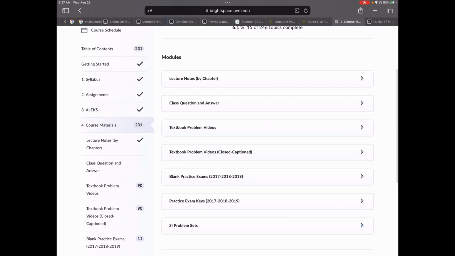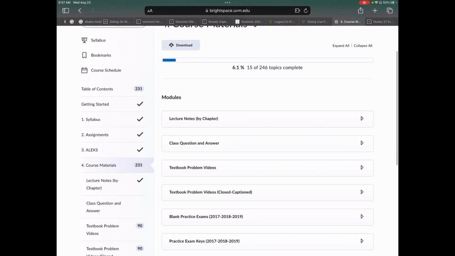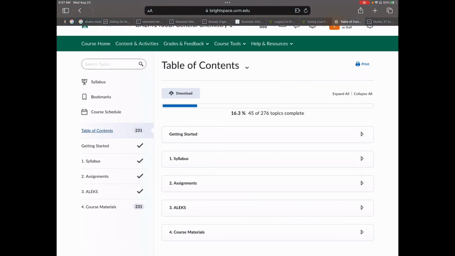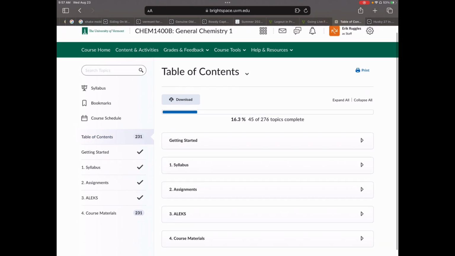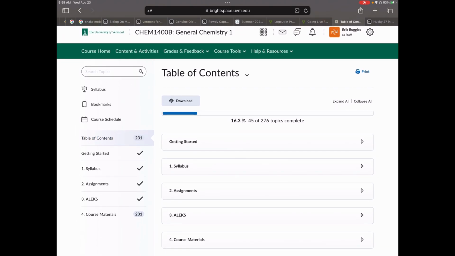So that is Brightspace, and again, it is something that is very new. This is the first semester that we've rolled this out. What else do we have? Oh, the last thing that we have is grades. I'm not sure if this is how it's going to look on your page, but we can go to grades.